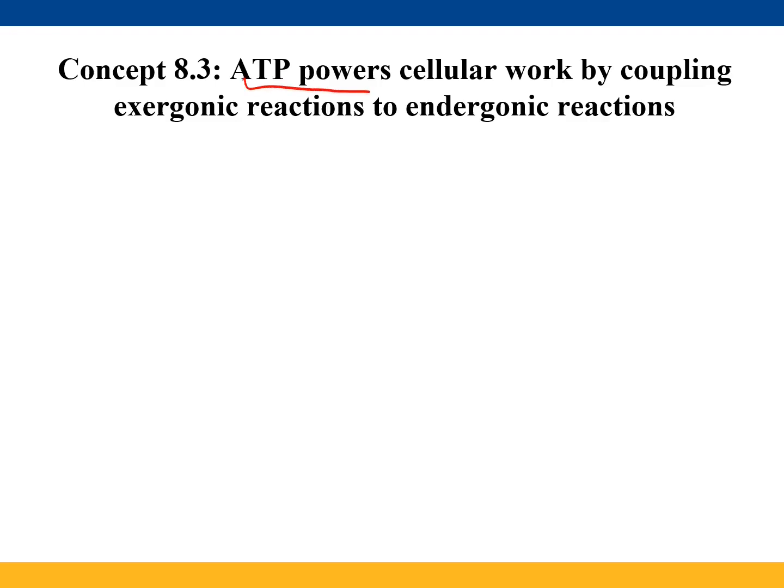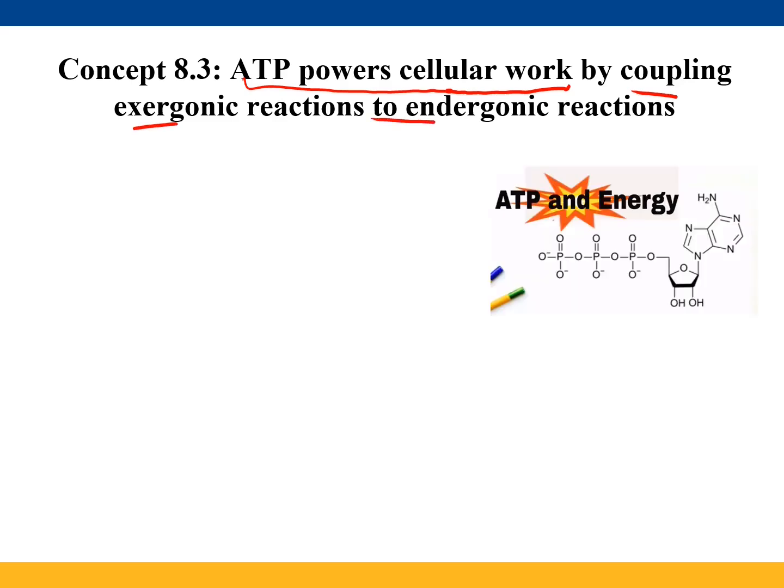So we already talked about ATP and how the ATP allows power cellular work and how it does it by coupling exergonic and endergonic reactions, as we saw in the previous example. And this is a molecule of ATP, and if you see here you have 3 phosphate groups, and here you have a sugar.